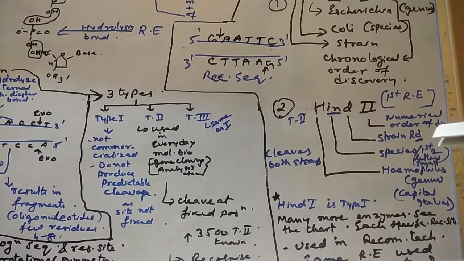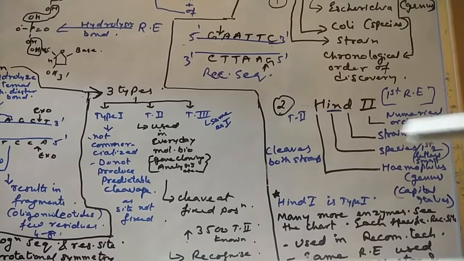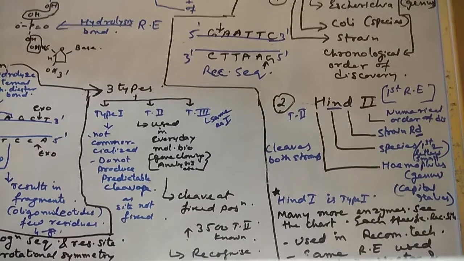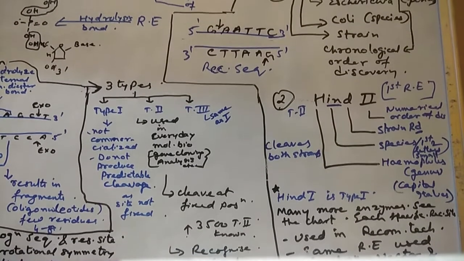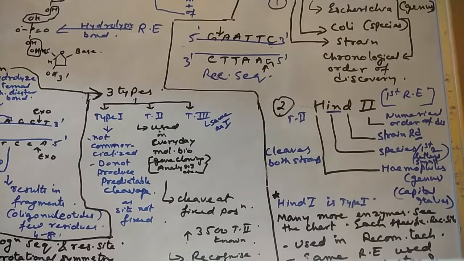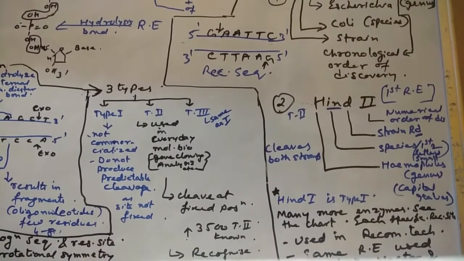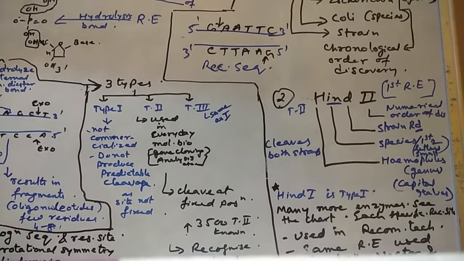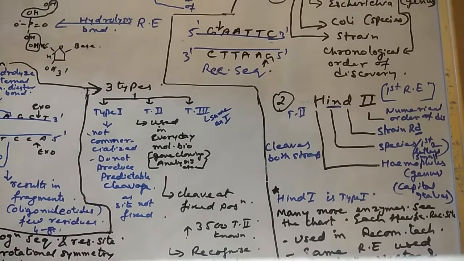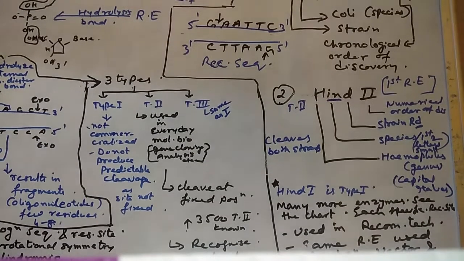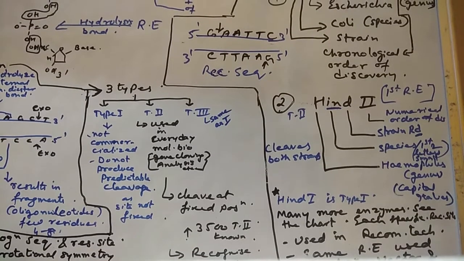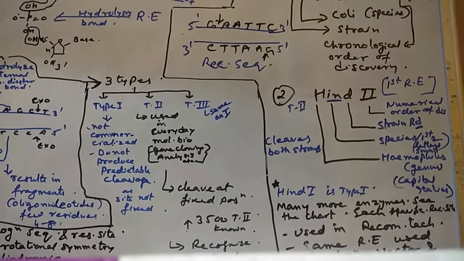And the second is the numerical order of its discovery. So HindII is actually the first restriction enzyme isolated and studied. But then if it is first, why the name II? I said it is the chronological order of its discovery. Because HindI was already discovered before this, before HindII, and it is type 1 which was discovered.